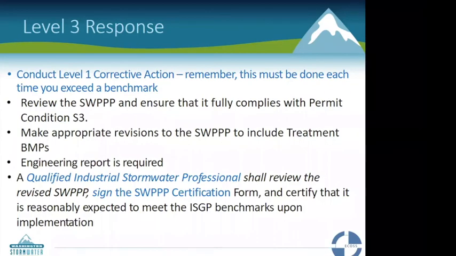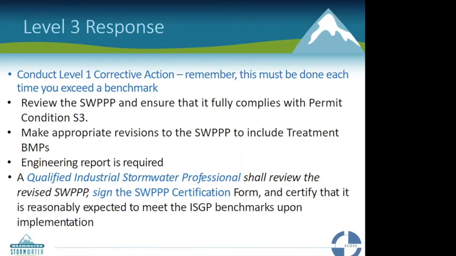So with a level 3, again, you conduct a level 1 corrective action because every time you exceed, you need to do a level 1. You need to review the SWIP and ensure that it fully complies with the permit conditions. Make appropriate revisions to the SWIP to include the treatment BMPs, and you have to have an engineering report that goes along with that treatment BMP that you're planning on implementing.